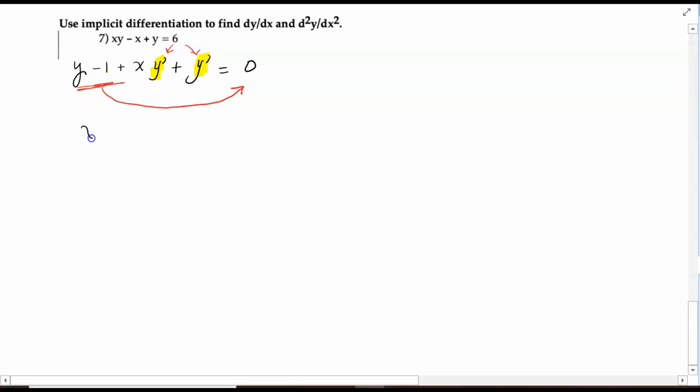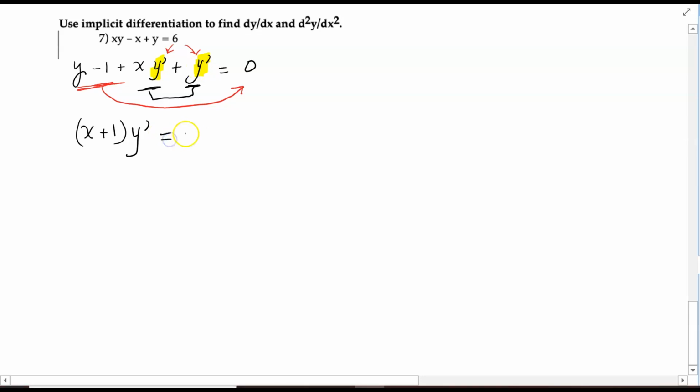First thing I'm going to do is write it as x plus 1 times y prime. Why? Because this is x y prime plus y prime. Those right there have the y primes. If you distribute back in, you're going to have x y prime plus y prime. So it's just x plus 1 times y prime. You factor out the y prime.